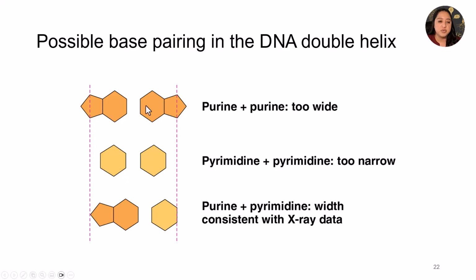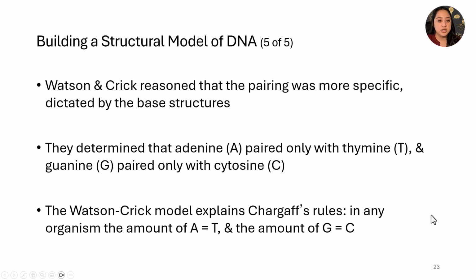If you were to put a purine with a purine, it would be too wide, and a pyrimidine with a pyrimidine is too narrow, so it has to be one of each. So either A and T or G and C. Watson and Crick reasoned that their pairing was more specific, dictated by the base structures.